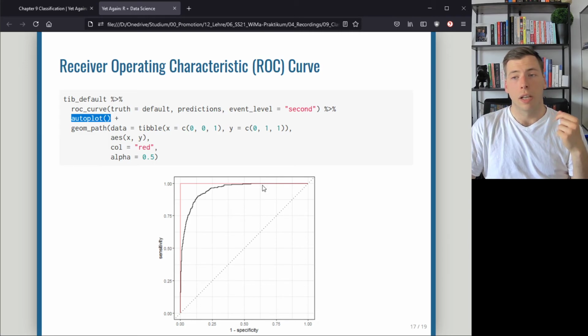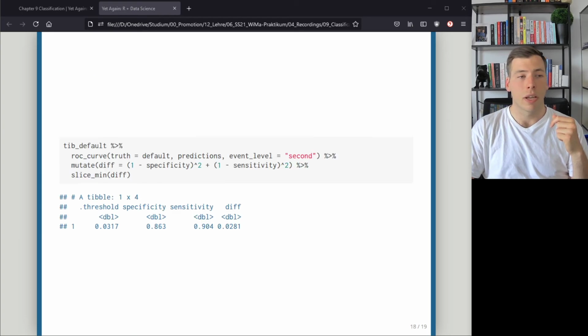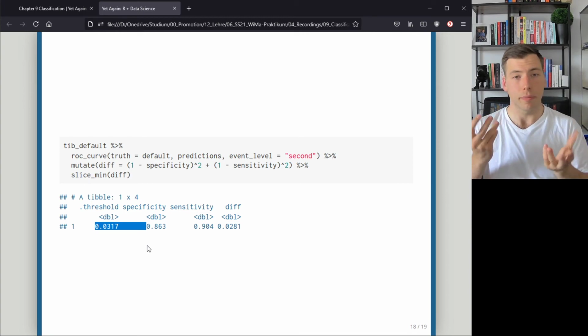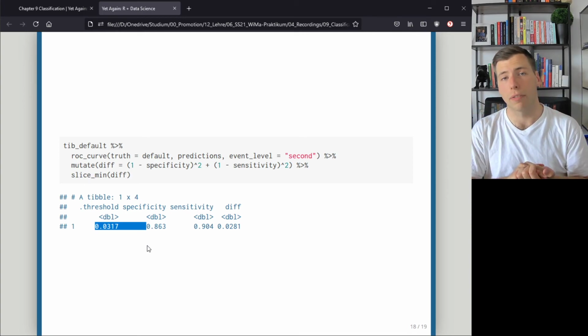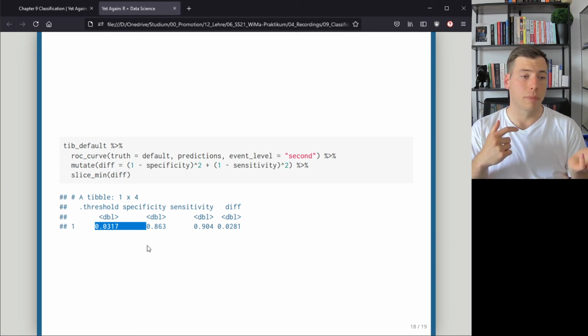To find it, we simply minimize the distance from this point to all the points over here. If we compute this, we see the corresponding threshold is 0.03 in this case. We could say this is our optimal threshold for our classification and use that one. A different way would be again to optimize a specific metric as done before.